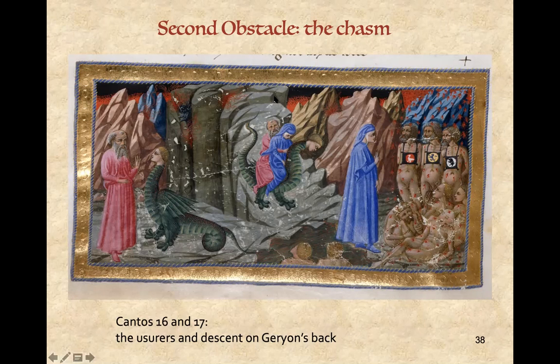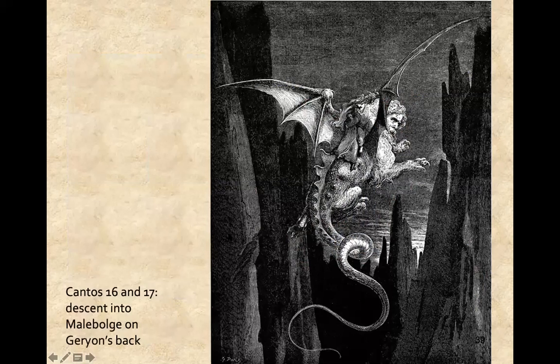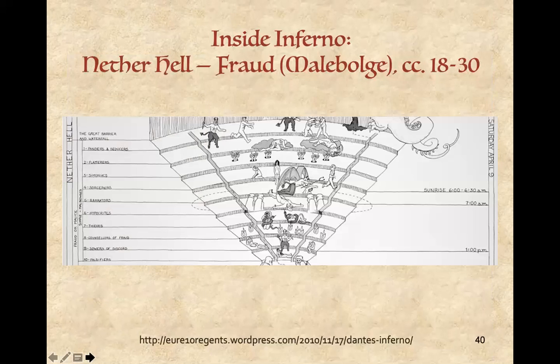And so Dante tells us about these experiences of flying further into the depths of hell. And you can see here once again the beautiful representation by Doré, who somehow gives us the sense of how terrifying this experience was for Dante. So the area of nether hell where they land is that of fraud.